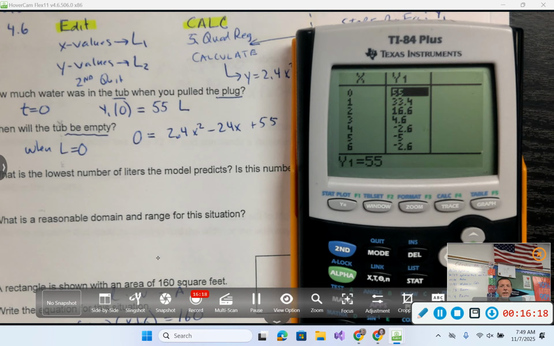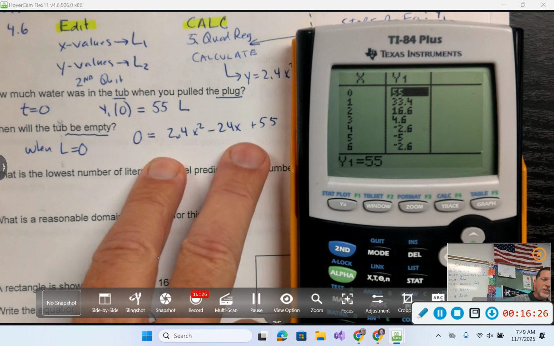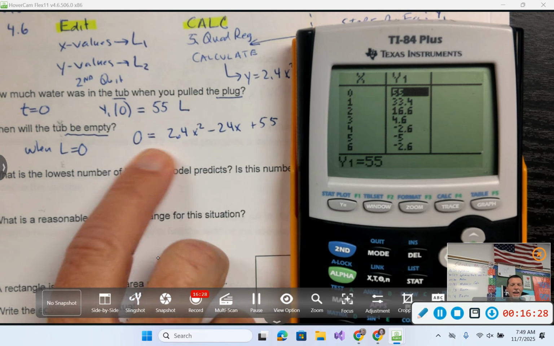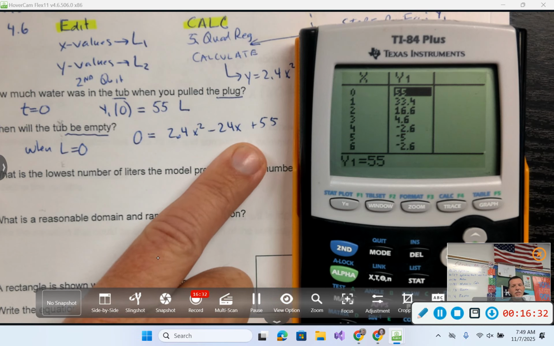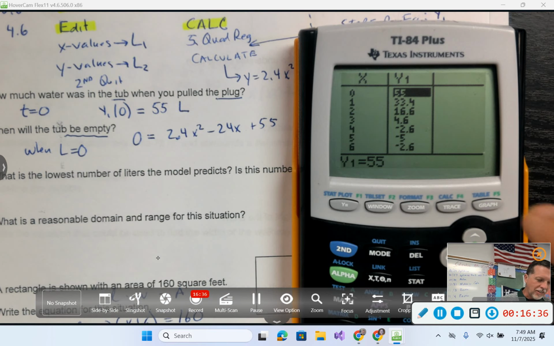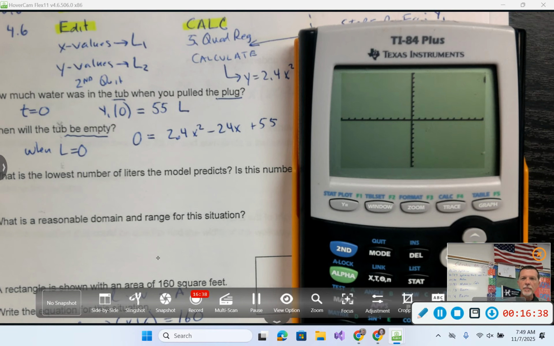I want to know when it's empty. 3.5, I mean, maybe. 3.67. Well, you tell me. There's options here. This is a quadratic equation, so I could solve it with the quadratic formula. I'm going to look at the picture because I'd like to see what's happening here.